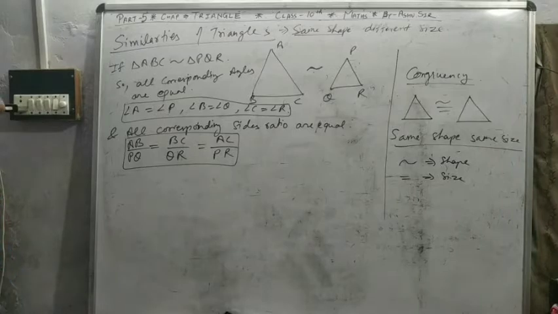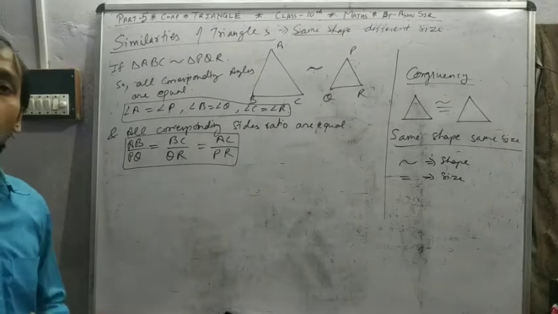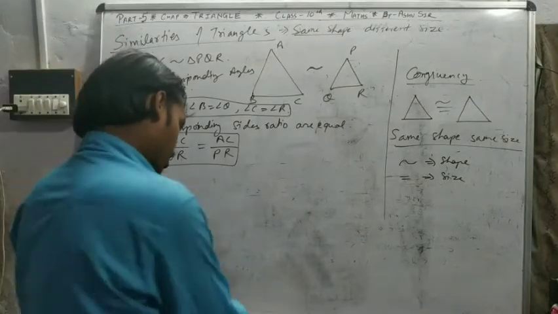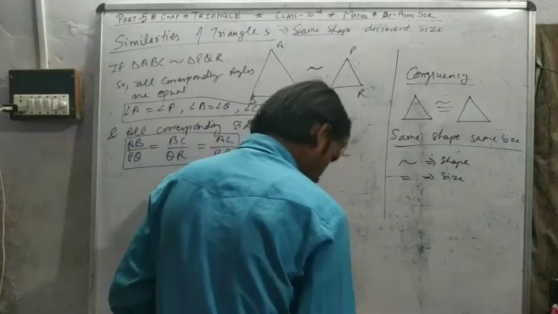But if the triangles are not given similar, how do we prove that the triangles are similar?